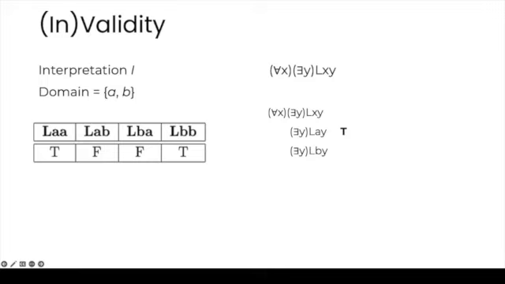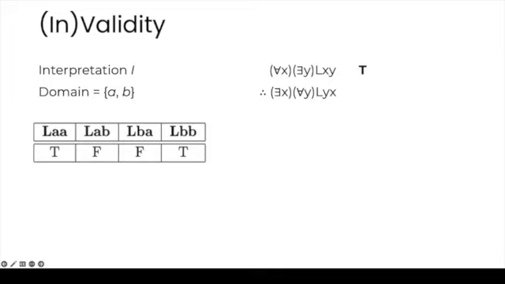What about the second? Its own substitution instances are Lba and Lbb. The first one is false, the second one is true, and that makes the existential true because at least one of its substitution instances is true. So we can see that all of the substitution instances of every x, there's a y, Lxy are true. Therefore, this sentence is true in I. So our premise is true.